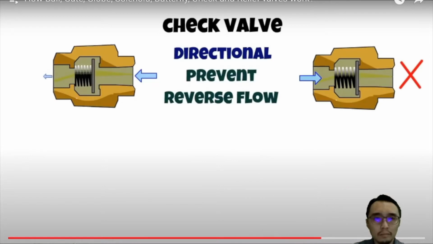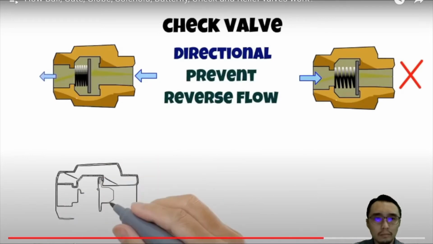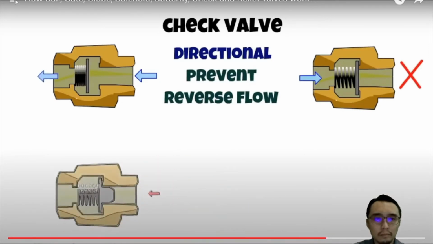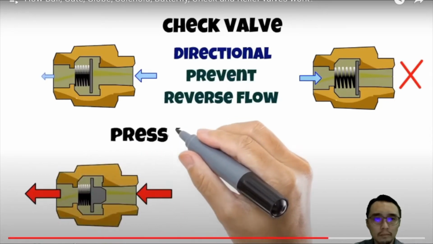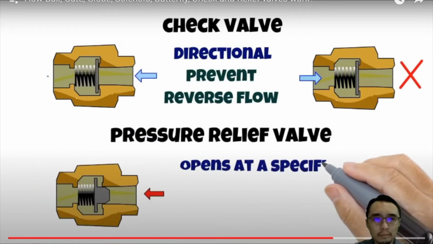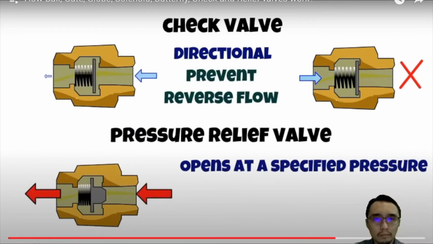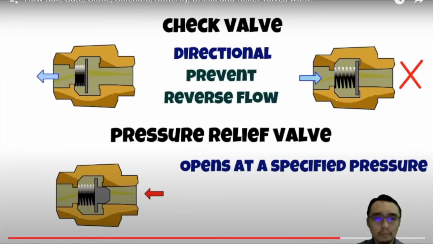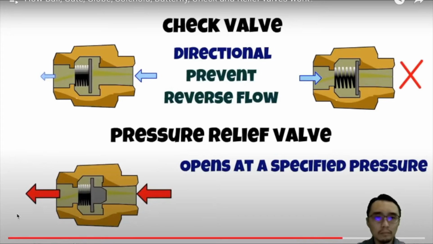There's another variation to check valves with a small change. If the check valve seal is extended, then a check valve can be made into a pressure relief valve, where the valve opens and expels excess pressure buildup. The diagram shows preset relief valve, where the spring is designed and calibrated to reduce pressure buildup.